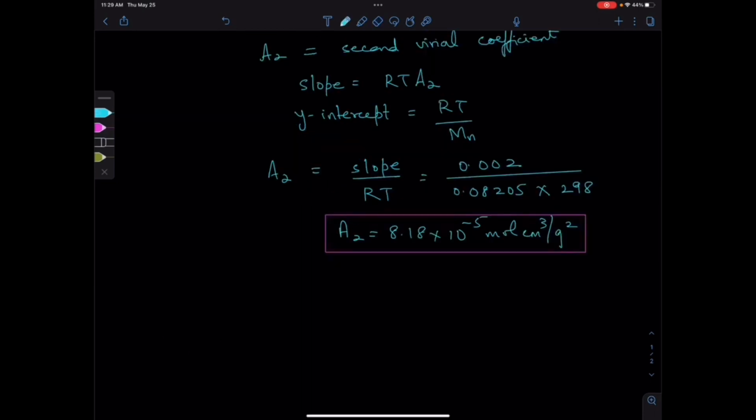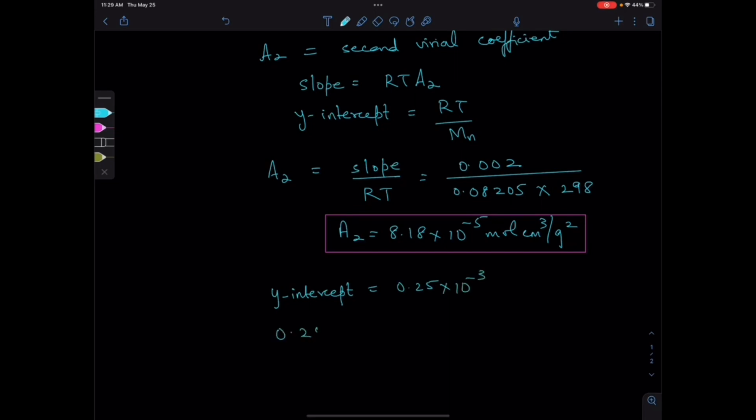Now the y-intercept is equal to RT over Mn, and from the graph we can see that the y-intercept is 0.25 times 10 to the negative 3.